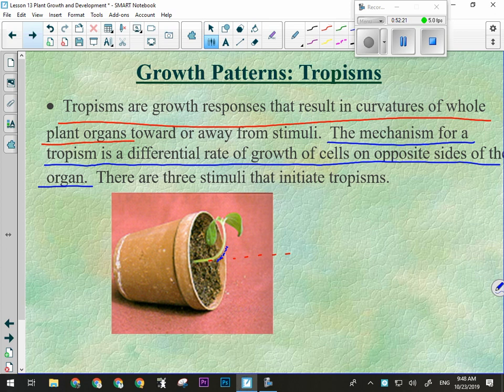That means this side will grow faster and bend the plant in that direction. Okay, everybody all right with that? Okay, so auxins are the plant hormone most involved in tropisms. So if you want to just write auxins most responsible.